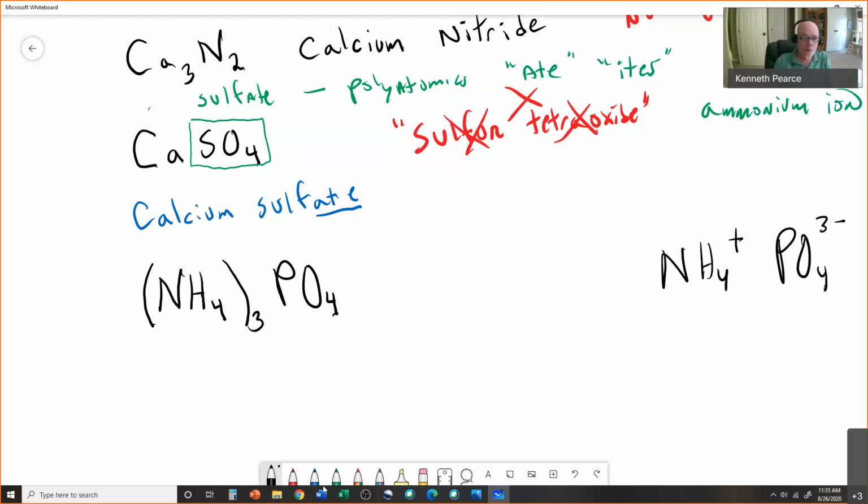Well, that NH4, if you look on the back inside cover, that's an ammonium. So it's ammonium. And the PO4, that's a phosphate. And you just say ammonium phosphate.